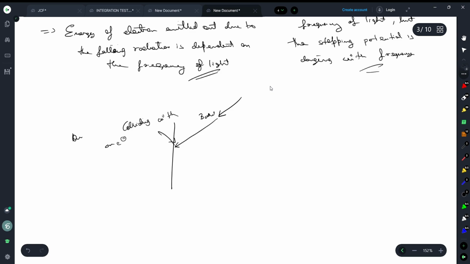One light particle is colliding with one electron, providing it with all its energy, and with that energy the electron is coming out.